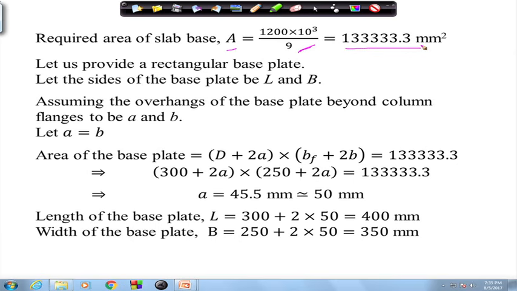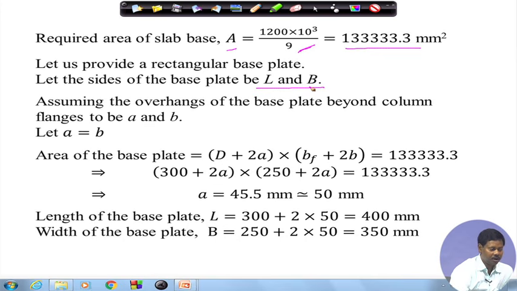and if we provide a rectangular base, then say side of the base be L and B, and if we assume the overhang of the base plate beyond the column equal, that means A and B are equal, then the area of the base plate we can equate to find out the overhang A. So, to equate D plus 2A into BA plus 2B, we can finally find out the overhang length A, and overhang length A we are going to provide 45, right.